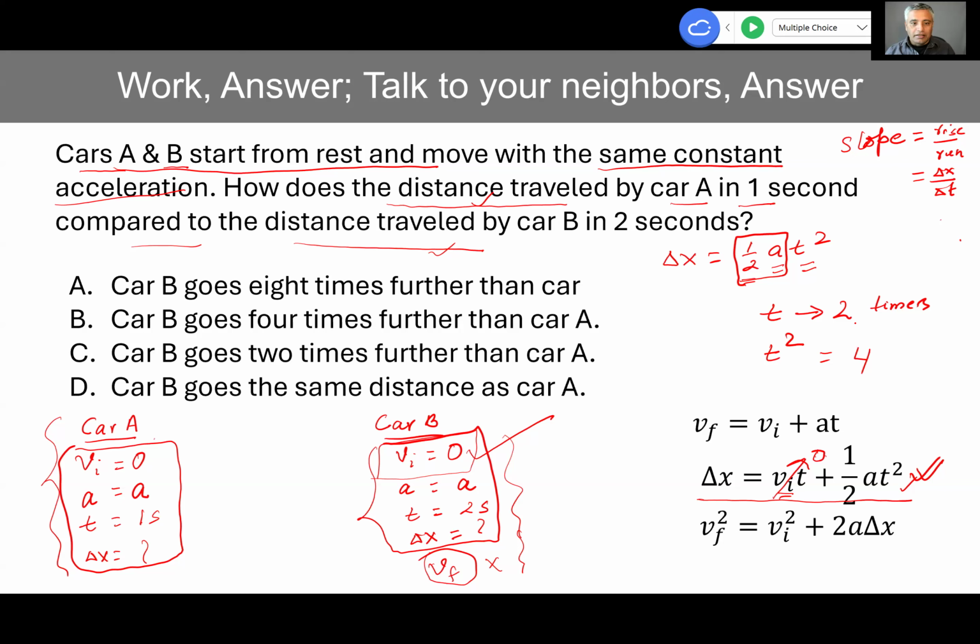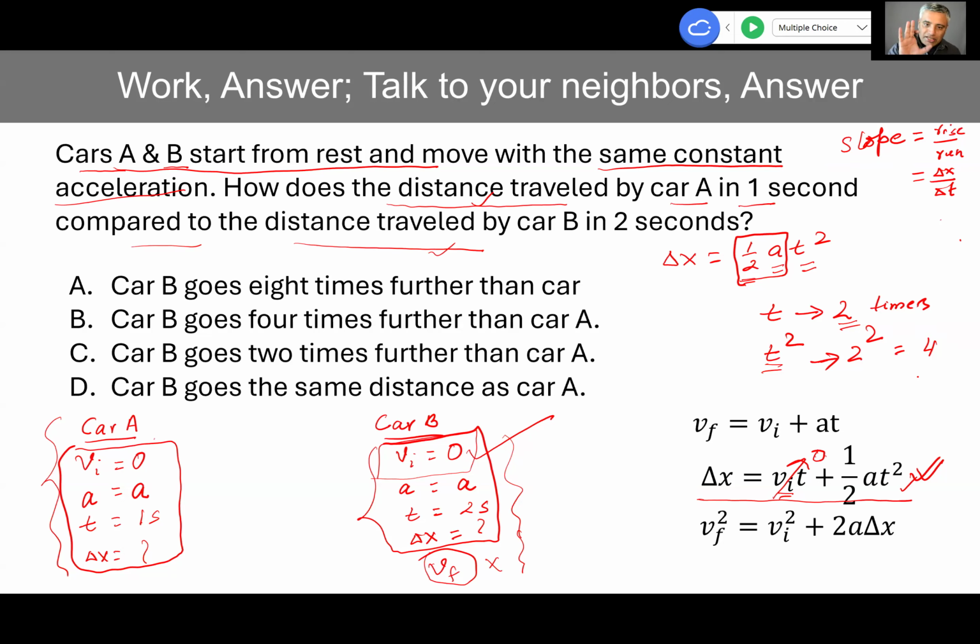t squared is 2 squared, right? When you square t, and if t is 2, then t squared becomes 2 squared, which is 2 times 2, which is 4. So 4 times. See, that's how you can see it's going to be 4 times. If time is double, you're going to go 4 times.